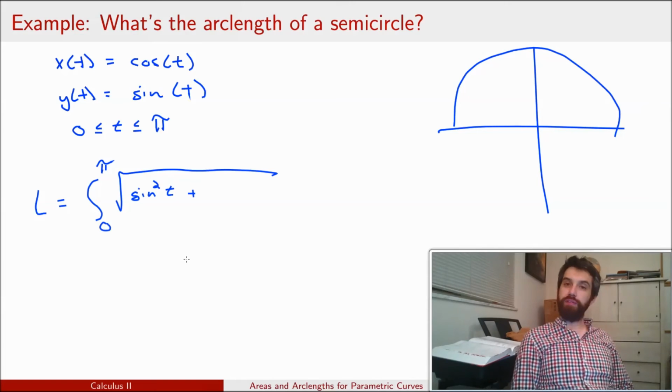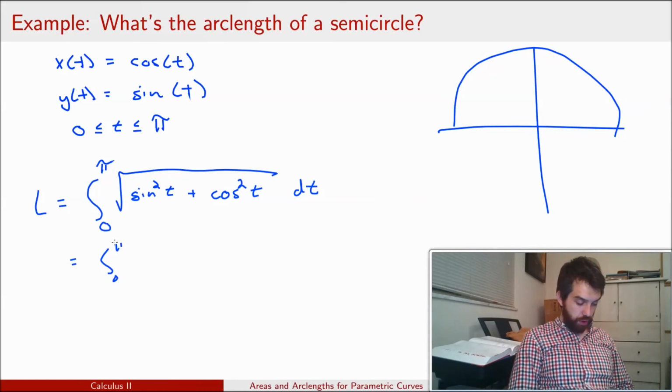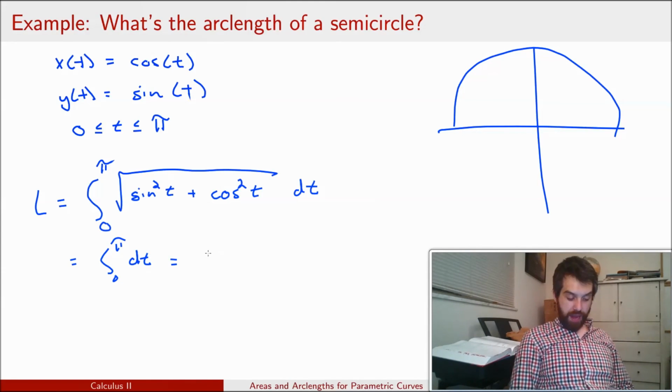And then the derivative of y with respect to t, the derivative of sine, is cosine, so I'm going to get a cosine squared of t, and then all of this dt. Now, sine squared plus cosine squared is 1, so this is the same thing as the integral from 0 up to pi of dt, and that is just going to be equal to the value of pi.